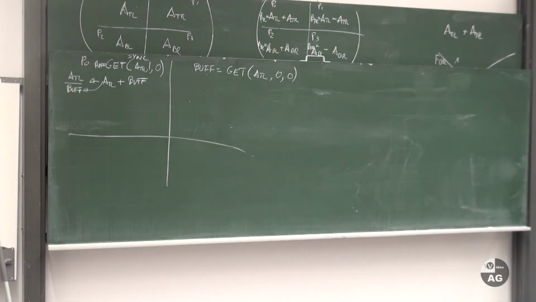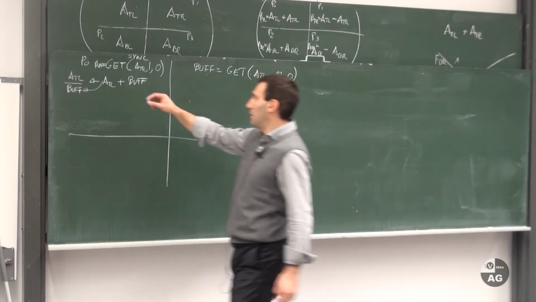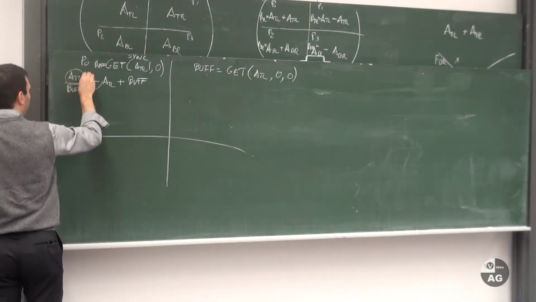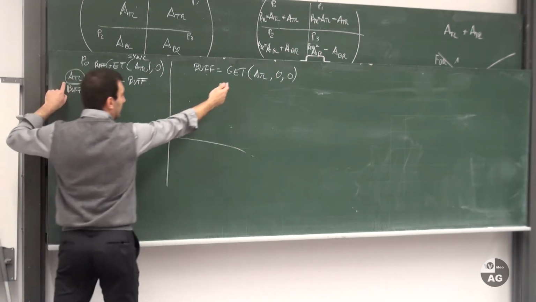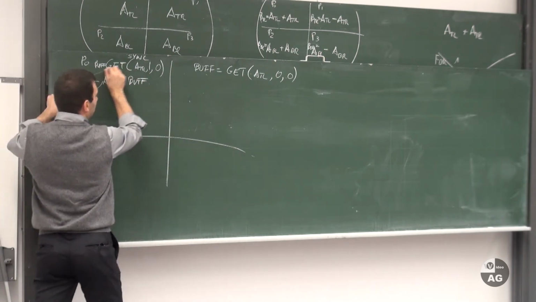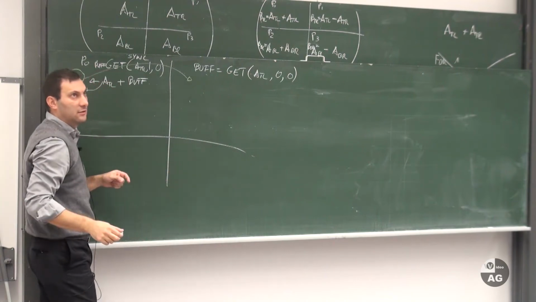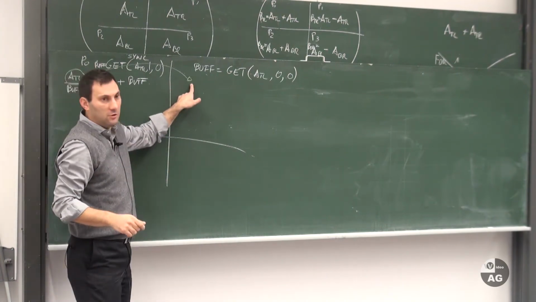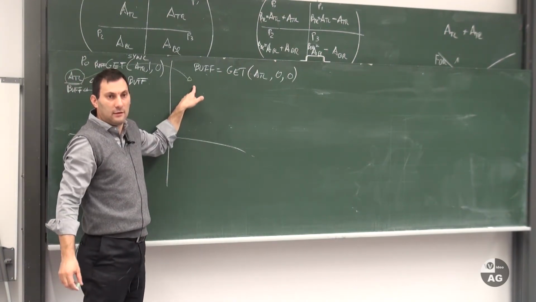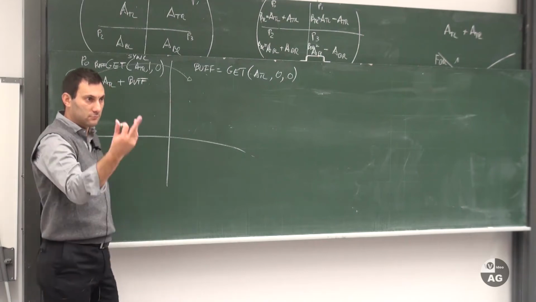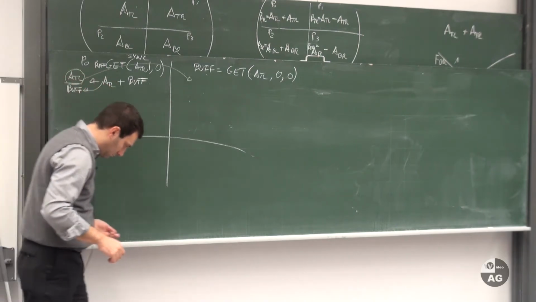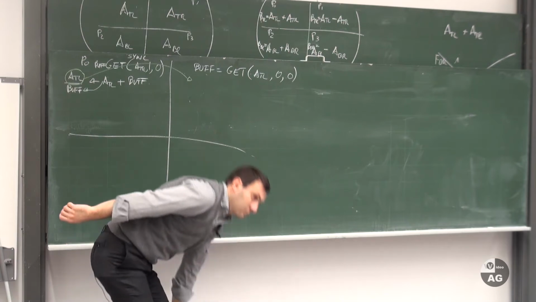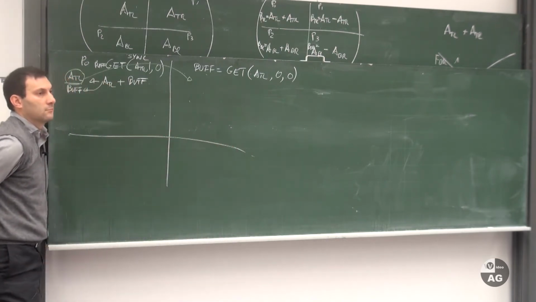The observation is, if I overwrite my A top left, how do I know that the get from here, this A top left, is being read? How do I know that this get has completed? Before we start the whole reading from our buffer, we have to wait for our get to complete.